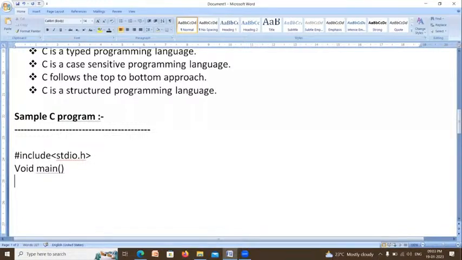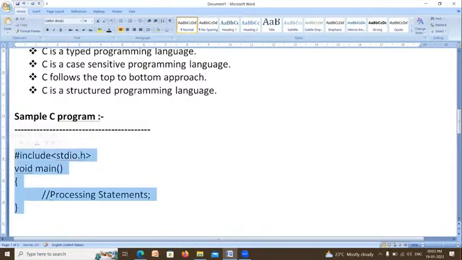After that, we need to start the curly brackets and close the curly brackets. In between these two curly brackets, we have to write the solution for the program. That solution is called processing statements. Right. It is the sample C program.